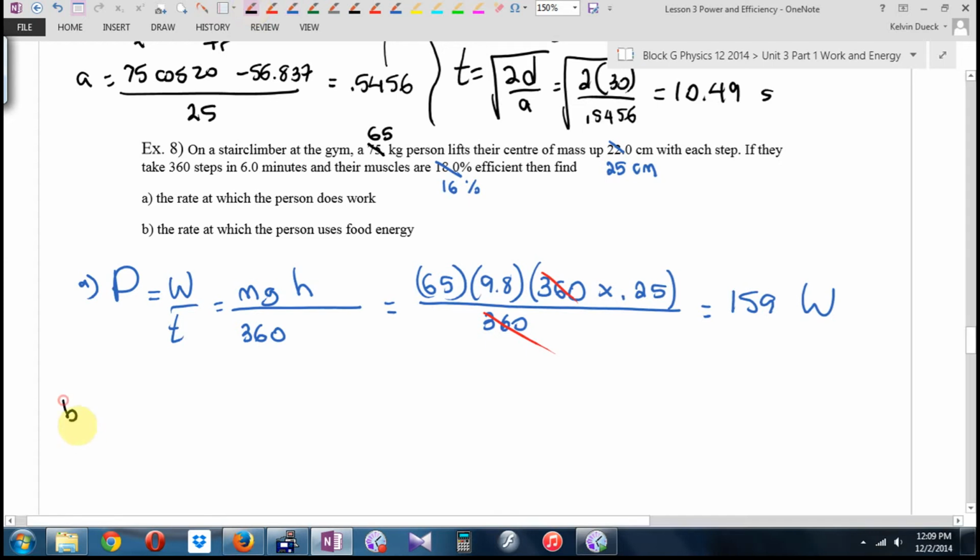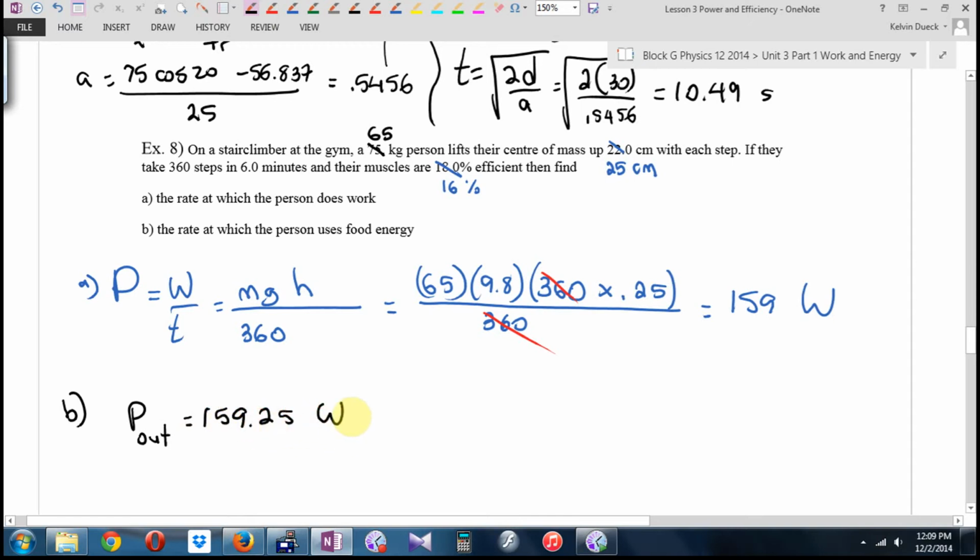B says, find the rate at which the person uses food energy. Okay. We have to use efficiency here. How much power are we getting out? Well, 159.25 watts.